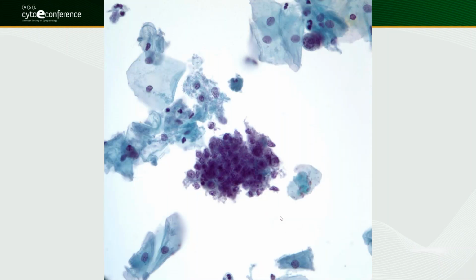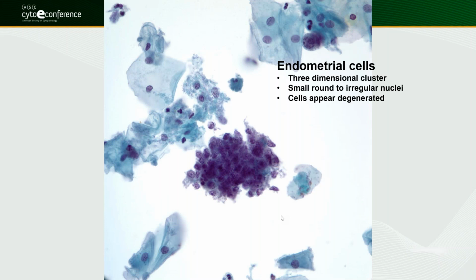And this is endometrial cells. And endometrial cells, in general, are three-dimensional because, if it takes endometrial cells all the way to roll down to your slide, it's typically already three-dimensional clusters. So in that sense, it might cause suspicion for atypical endocervical cells because of the three-dimensional architecture.